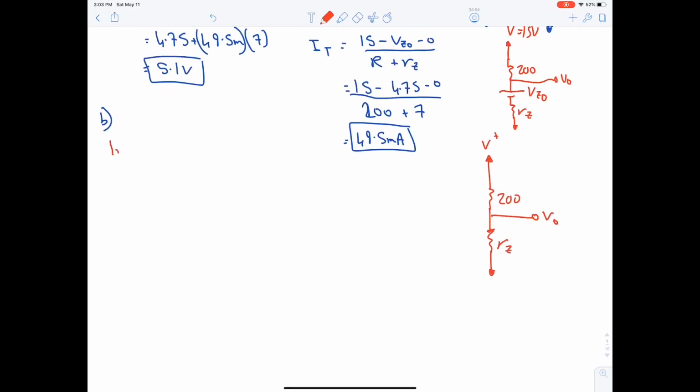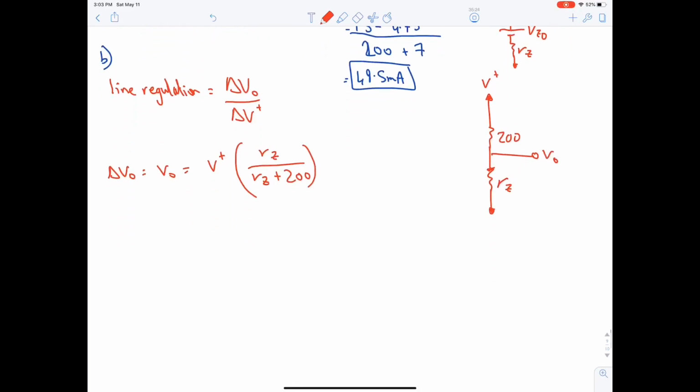Now for part B, we need to find the line regulation. Line regulation is equal to delta V naught over delta V plus. Delta V naught is equal to V naught in this case because the input is AC, so we will do voltage division. We will keep the AC source unknown, so it will be Rz divided by Rz plus 200.